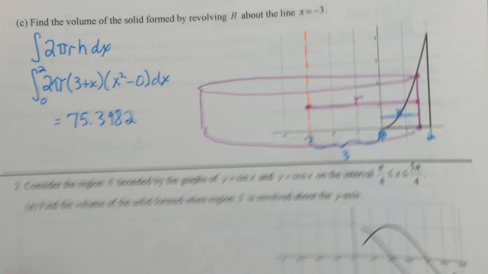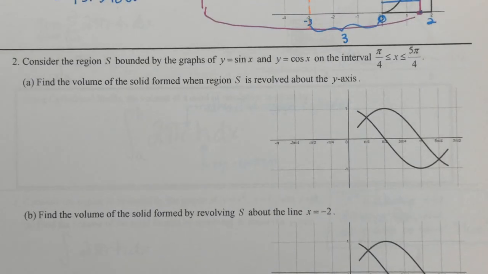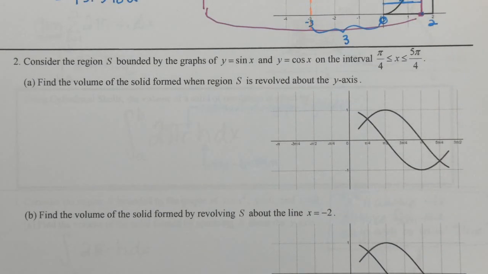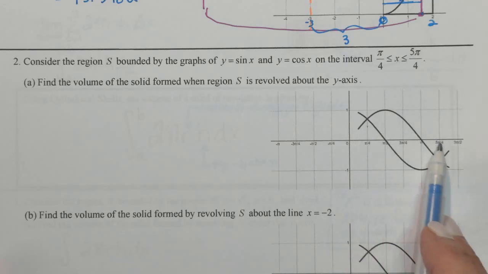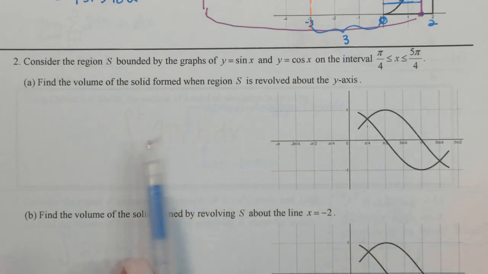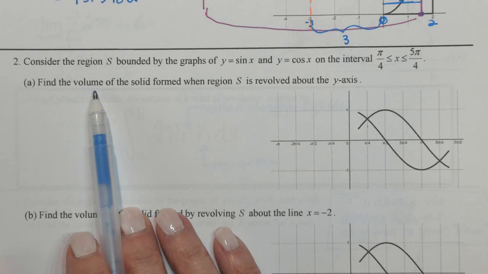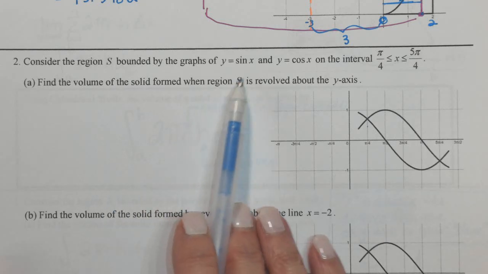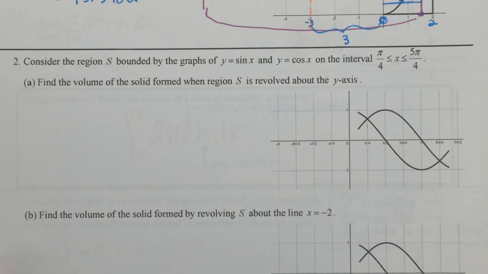All right, let's look at a different region. Let S be the region bounded by the graphs of sine and cosine from pi over 4 to 5 pi over 4. Let's first find the volume of the solid formed when region S is revolved around the y-axis.